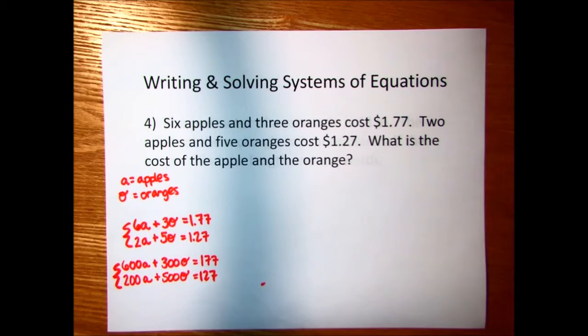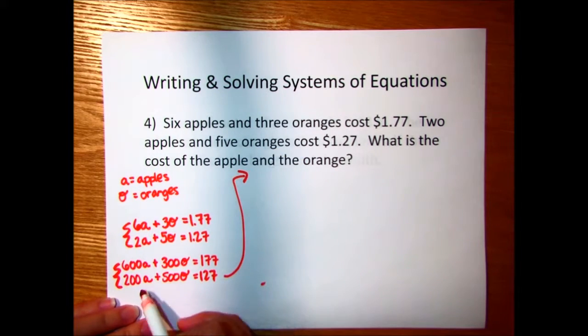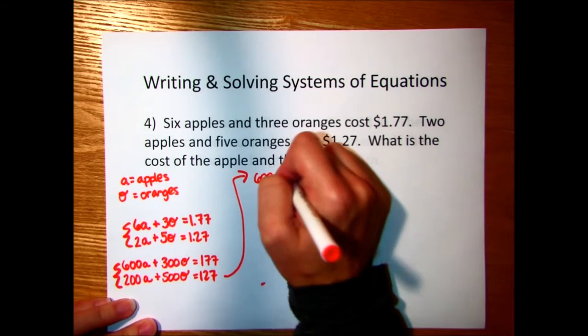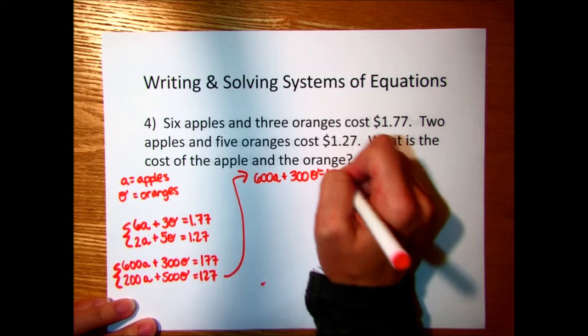These are in standard form, so probably the best way to deal with this is to go ahead and solve by elimination. So, with that said, I'm going to go for changing this one down here because I already have a 600A, so I'm going to leave that one alone. So I'm going to do 600A plus 300 times the O is equal to 177.